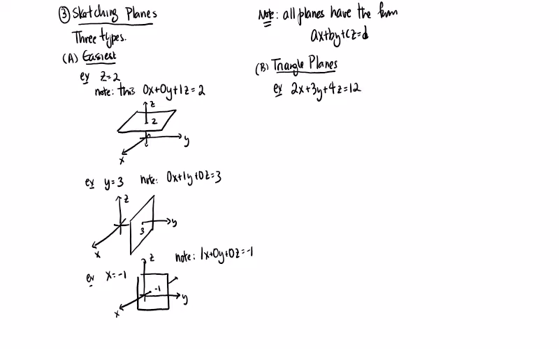What I'm going to do in this is I'm going to find all the intercepts. And so planes that have the form like this, ax plus by plus cz equals d, where none of the coefficients a, b and c are 0. Those are these little triangle planes, I'm calling them. So what we'll do is we'll find the intercepts.